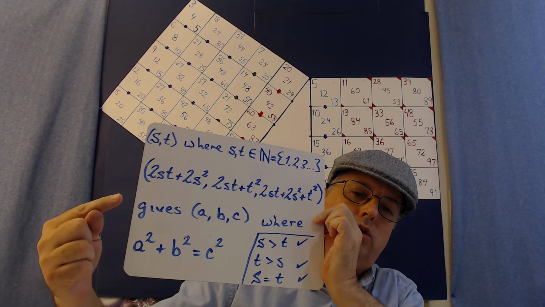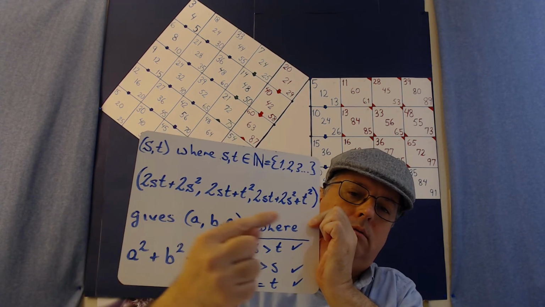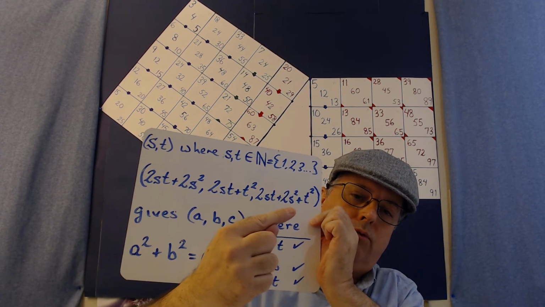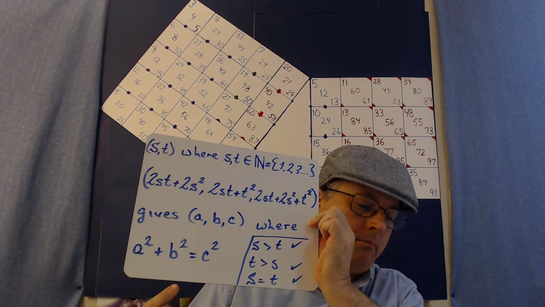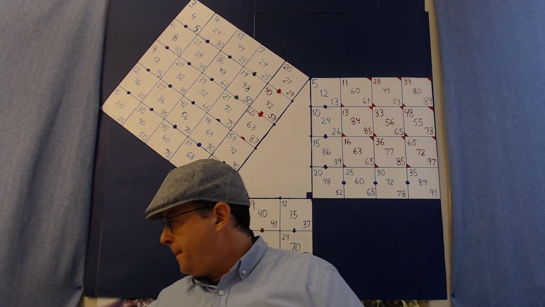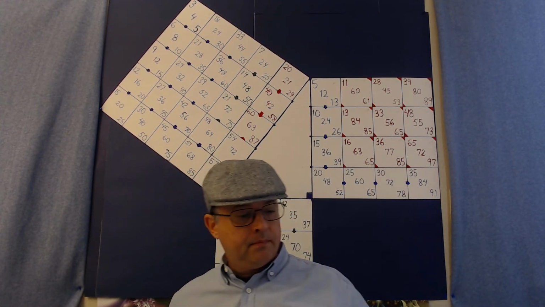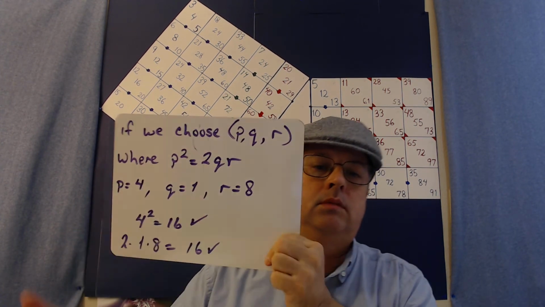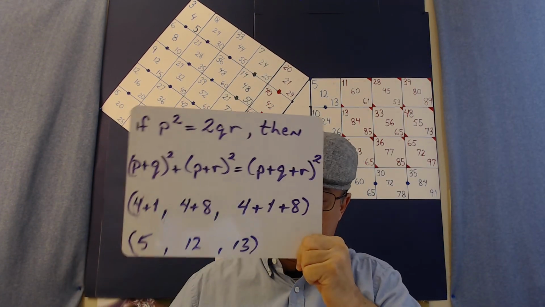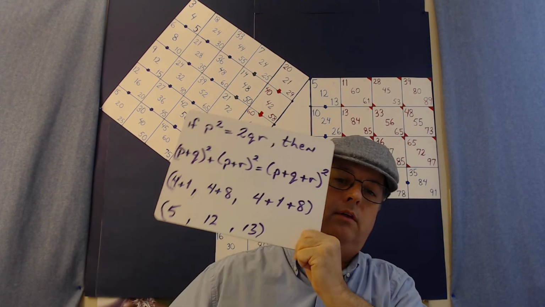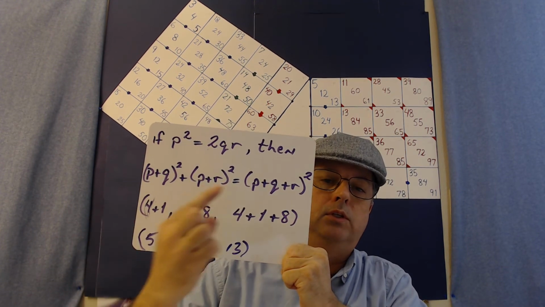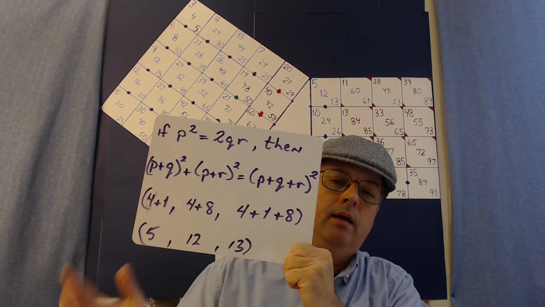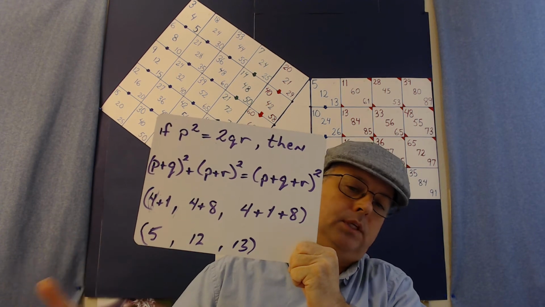So we're going to show how this Pythagorean triple generating formula came from this Dickson's method, which is here, and how we can maybe simplify it a bit.